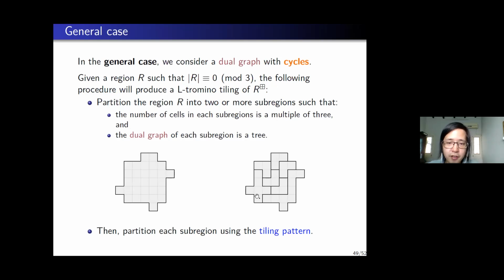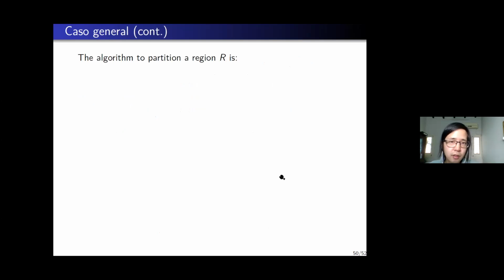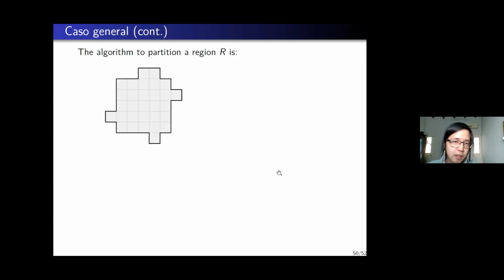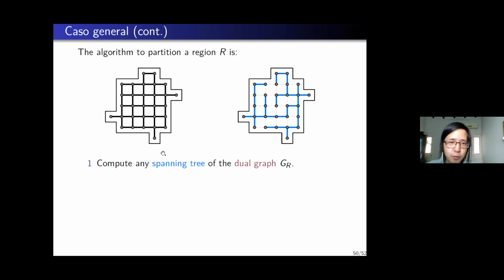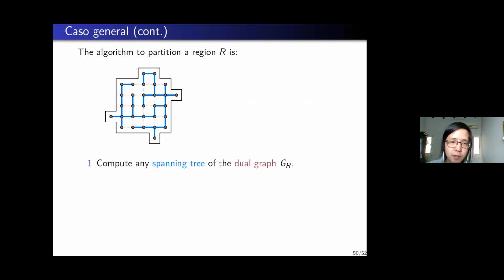So we can apply the previous algorithm to each subregion. And the algorithm for partitioning the region is first computing the dual graph and computing any spanning tree of the dual graph.